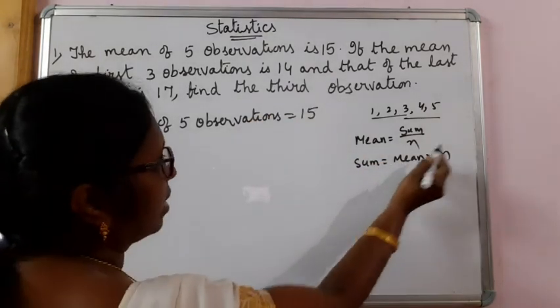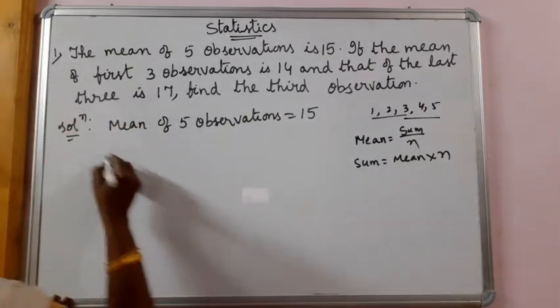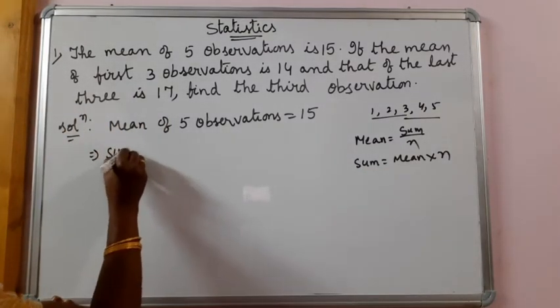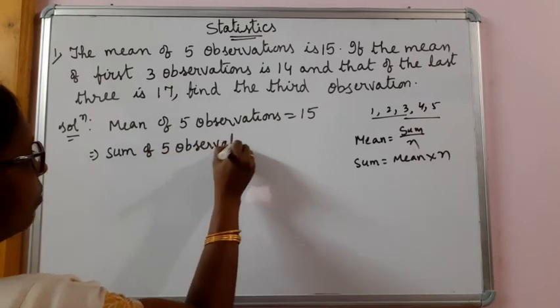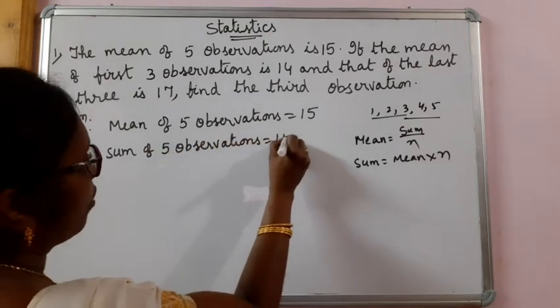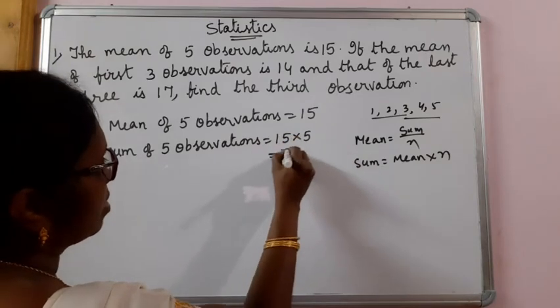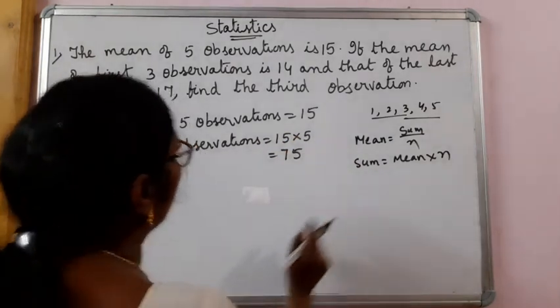Mean is 15, number is 5. So the sum of 5 observations is equal to 15 into 5, that is 75. I hope this is clear.